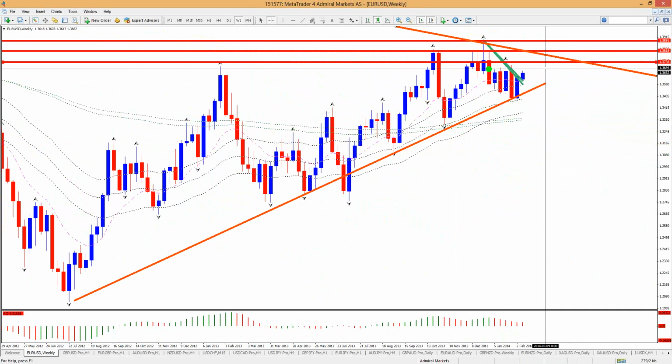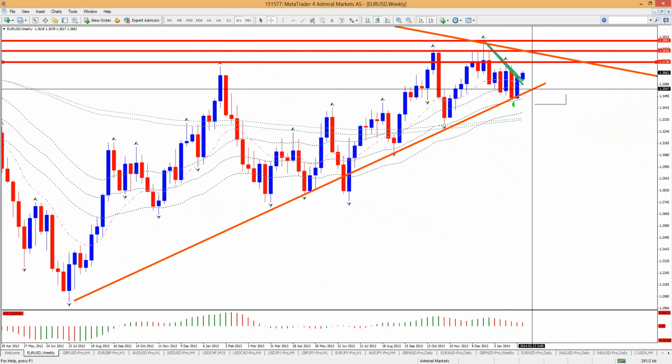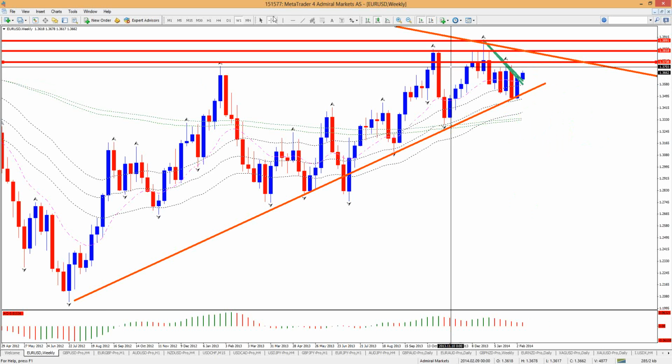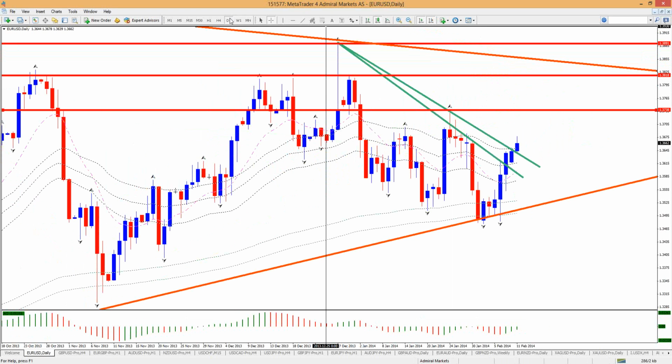Recently, we had a mix of up, down, up, down, up, down, up. Very choppy price action. But from a weekly perspective, this could still be a higher low. Plus, we had a bullish week last week, as we know.